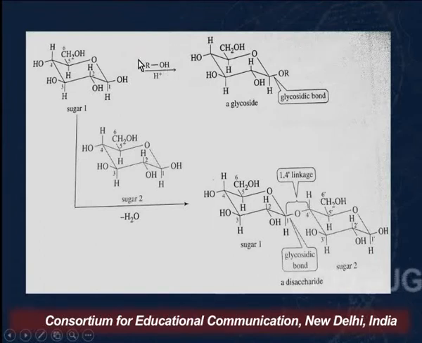So in this case we get a glycoside, and in this glycoside, the part coming from the sugar is known as the glycon, and the part coming from the other molecule is the aglycon, joined by the glycosidic bond.